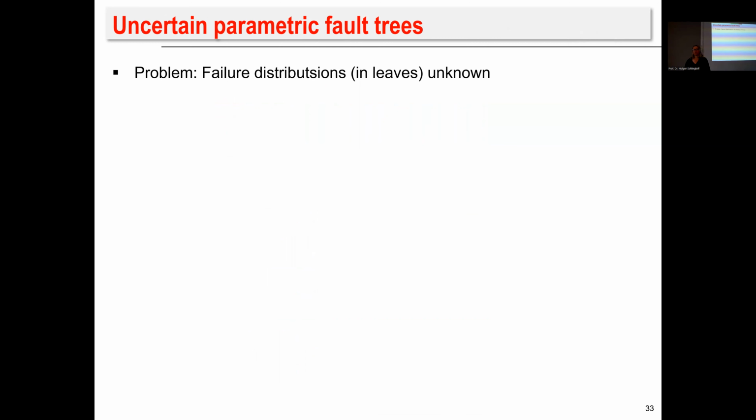Yes, well, then finally, some work that I have been working on recently. I think it's a bit related to things you do, Bas. It's uncertain parametric fault trees. The problem is, of course, that the failure distributions for the components are often unknown.